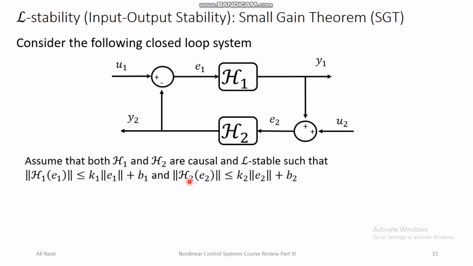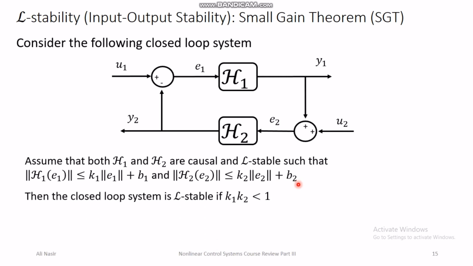And similarly H2 is small gain or L stable if there exists some finite gain K2, so that the magnitude of the output of H2 is some gain times the magnitude of the input plus some biasing term.